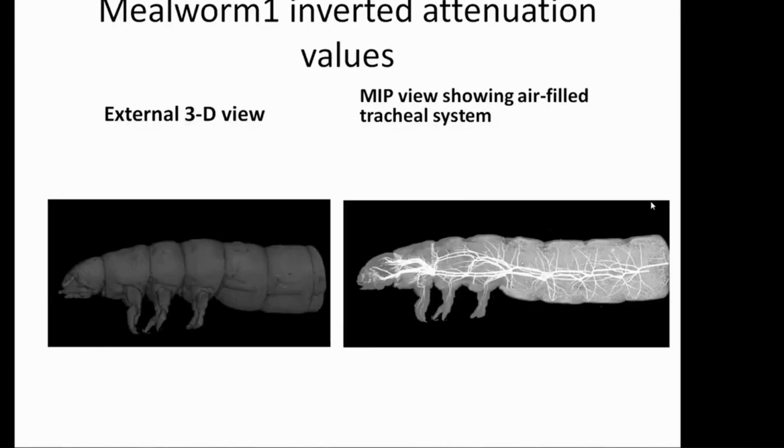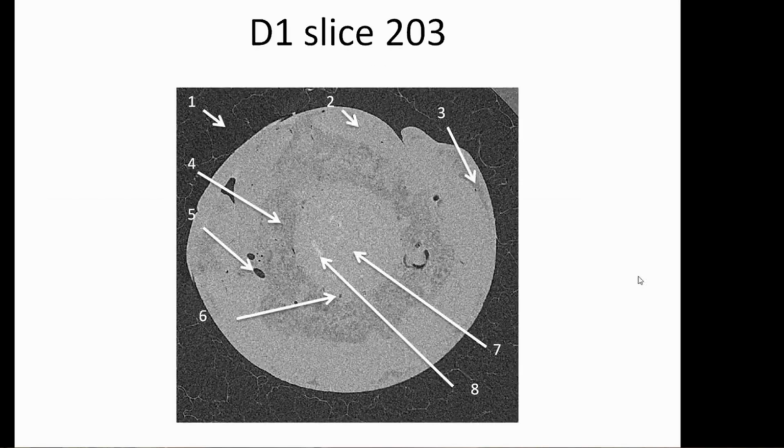We asked that the mealworms were simply frozen and not stained, and you can see as a result the very nice tracheal system.